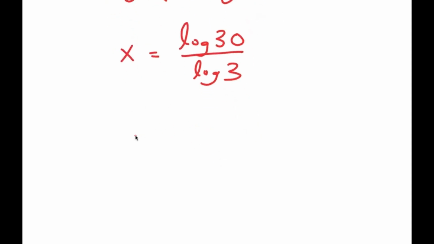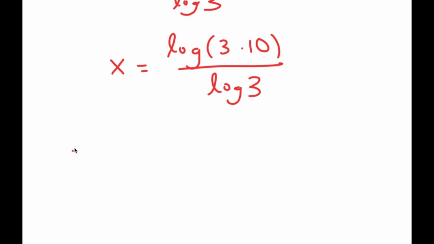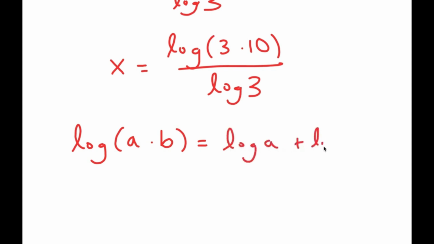Now, log 30, I'm going to rewrite that as log of 3 times 10. And if I have something in the form log of a times b, this is equal to log a plus log b.